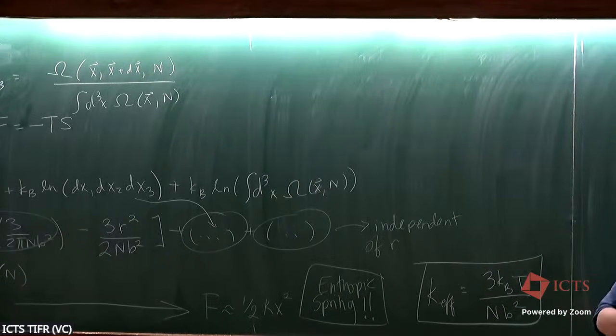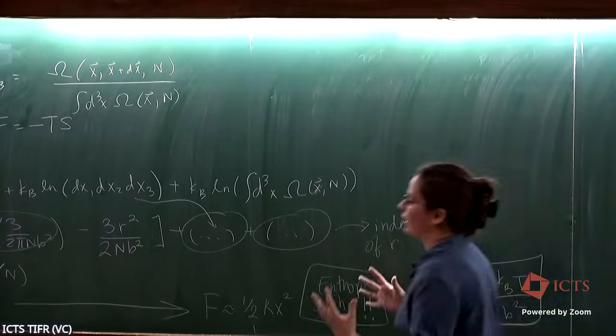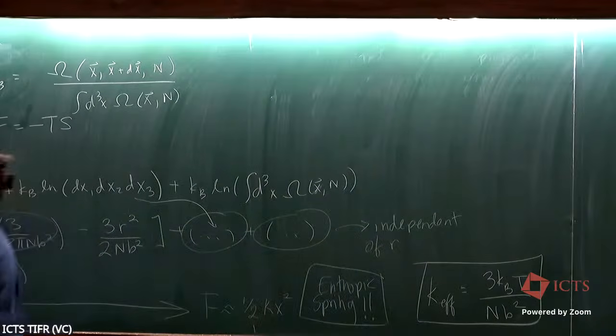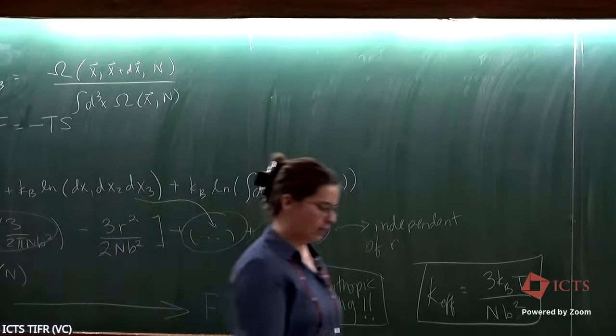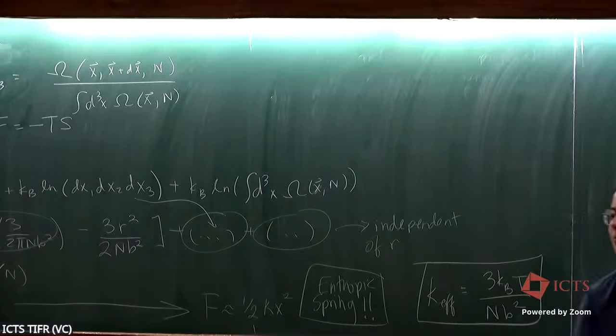And so that enters in the denominator here, and that leads to single-stranded DNA actually being more difficult to extend, which you can think of as it has a higher entropic preference for being more compact than a double-stranded DNA will be. So that's something that has been validated with very precise measurements.